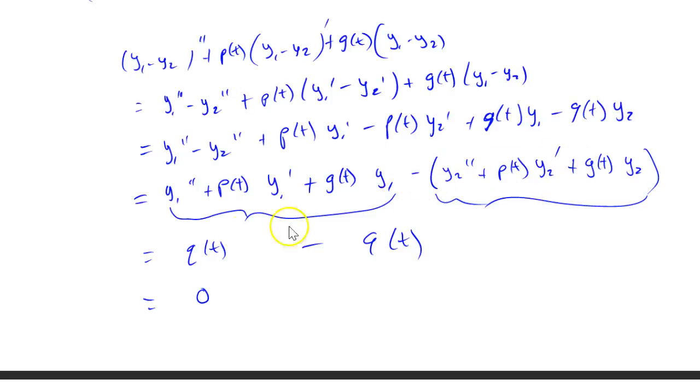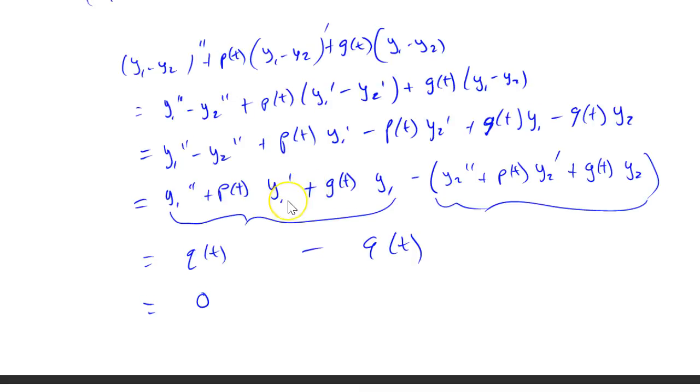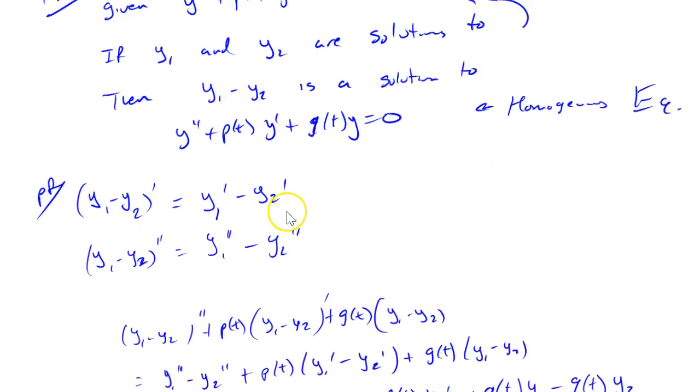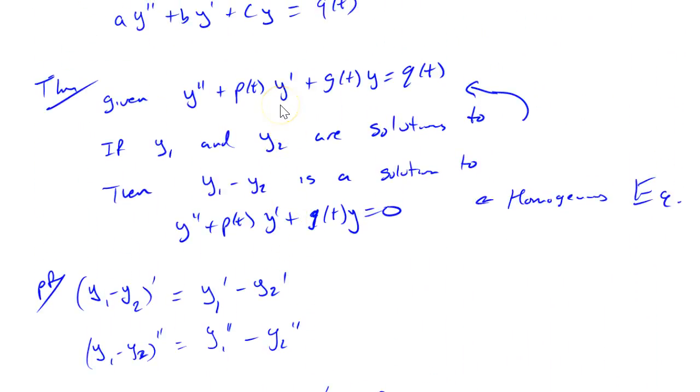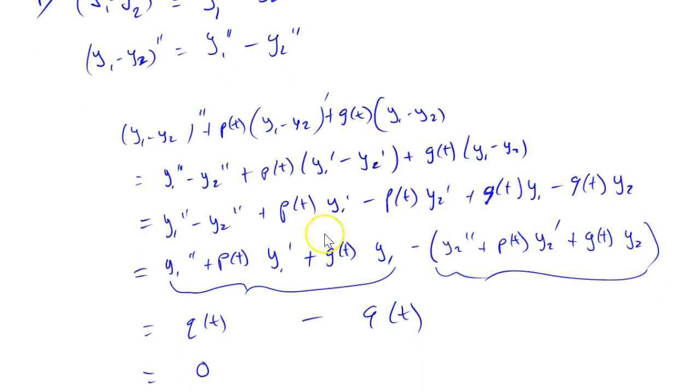You got this thing. And so this right here is the left-hand side of the equation, but with y1 plugged in. And y1, recall, I'm going to slide back up here, y1 is a solution to the non-homogeneous equation. So the output, if you have this left-hand side, then it's equal to q of t. So that left-hand side for y1 is equal to q of t. Likewise, y2 is a solution to that non-homogeneous equation as well.